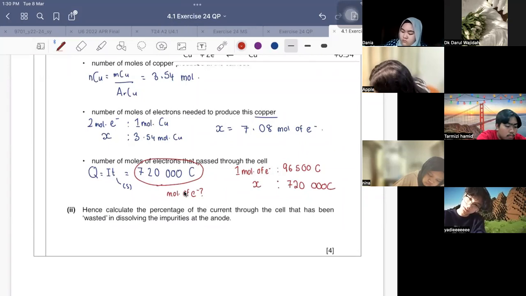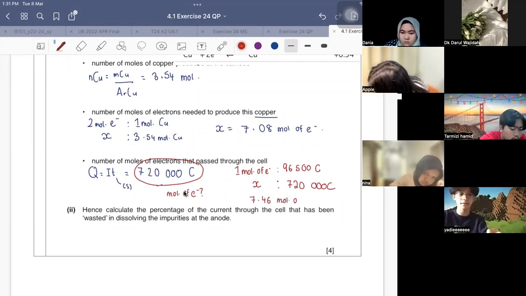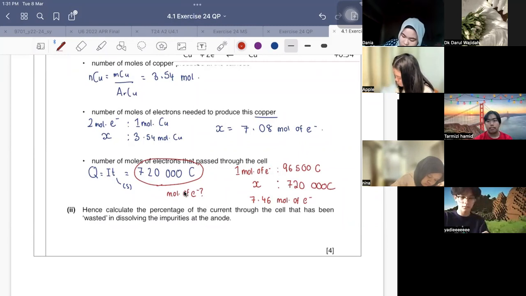So that means 720,000 is equivalent to 7.46 moles of electrons. So you can talk about charge in the form of coulombs or in the number of moles of electrons. It's the same thing.